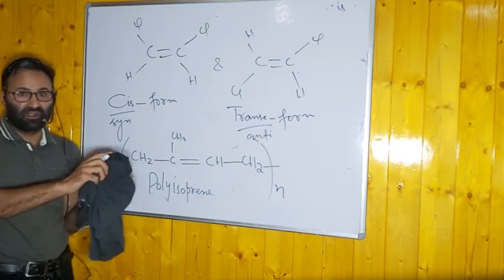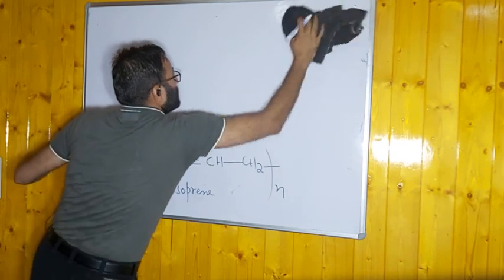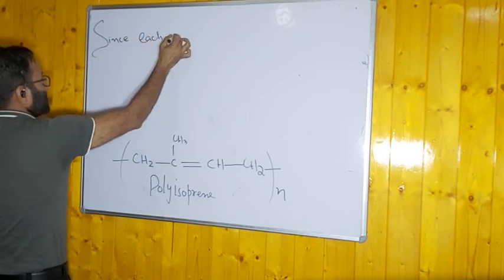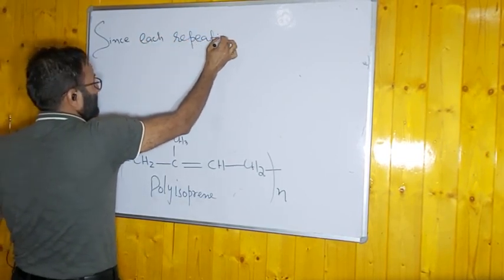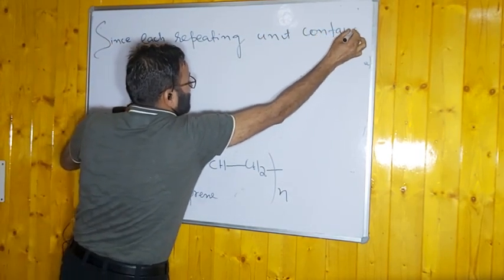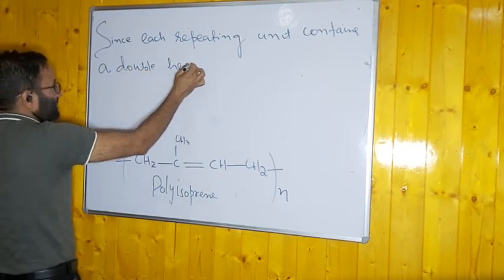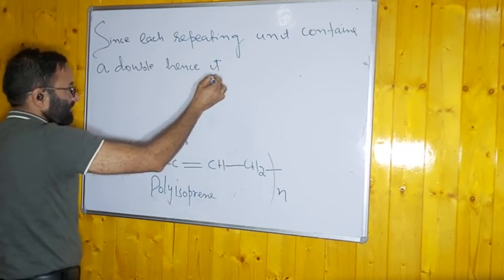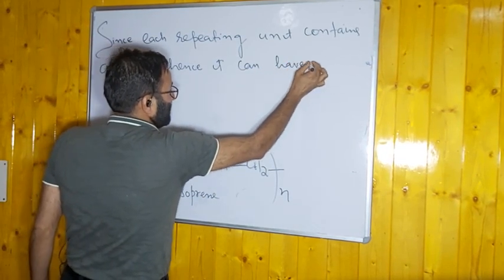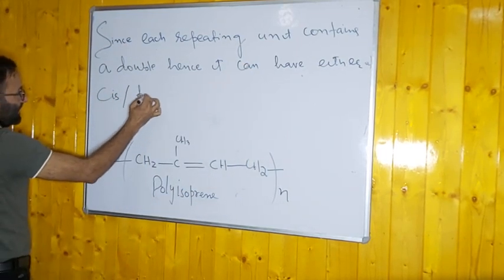We will discuss this cis orientation. You have to remember here, first point, since each repeating unit contains a double bond, hence it can have either cis or trans orientation.